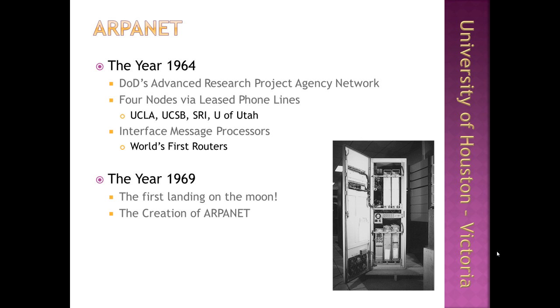And the messages and signals were transmitted and received by a tool that was called Interface Message Processor. And you can see an example, a picture of one of the Interface Message Processors, essentially an IMP, which were the world's first routers that were utilized within that network.